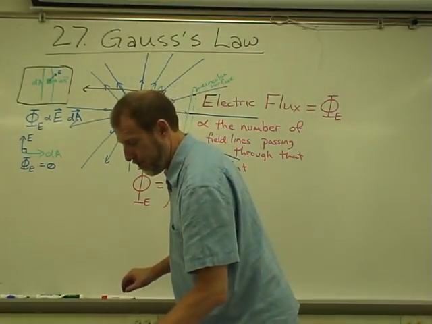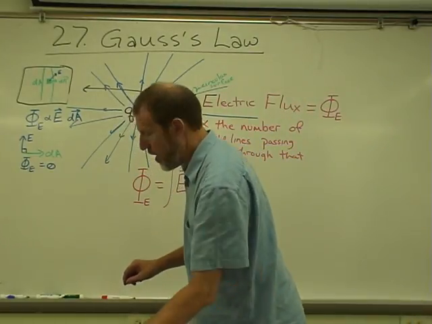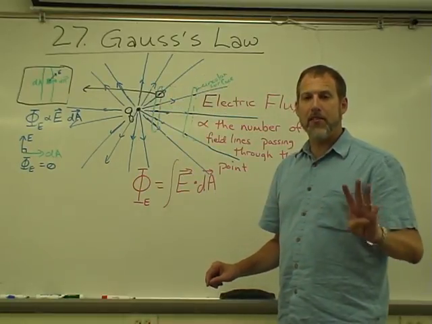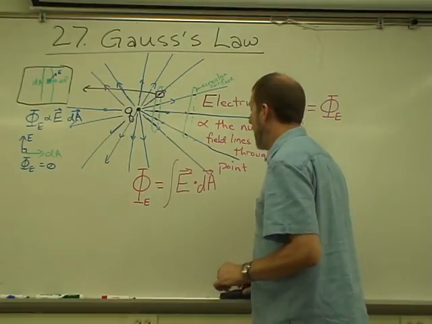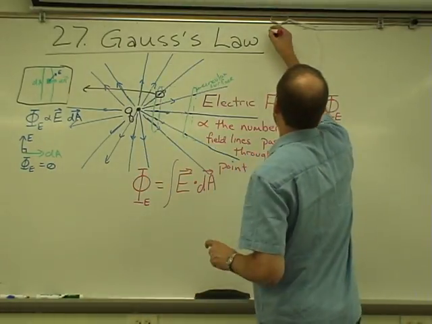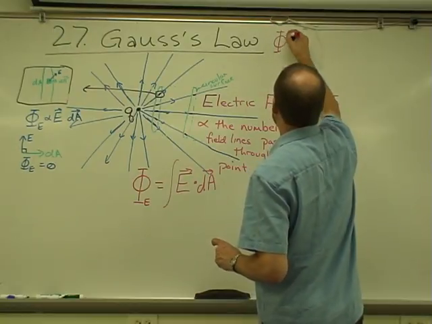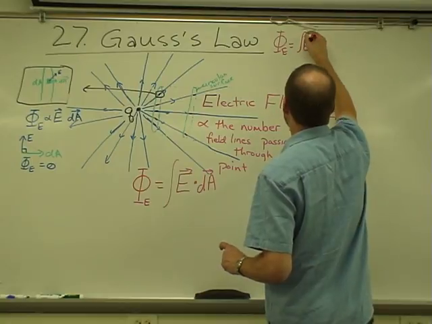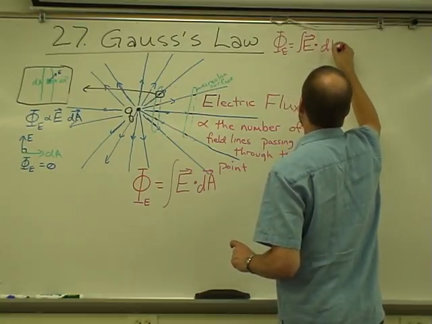Now, what I'm going to do is look at this in 3 sneaky bits. The first thing that I'm going to do is put my definition of the electric flux equal to the integral of E dot dA.